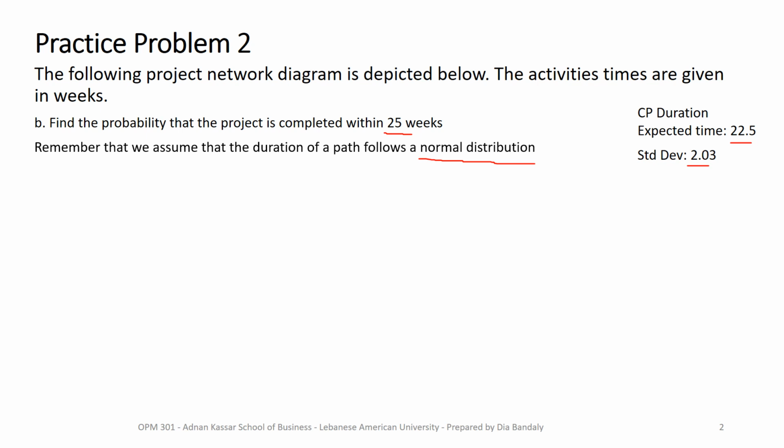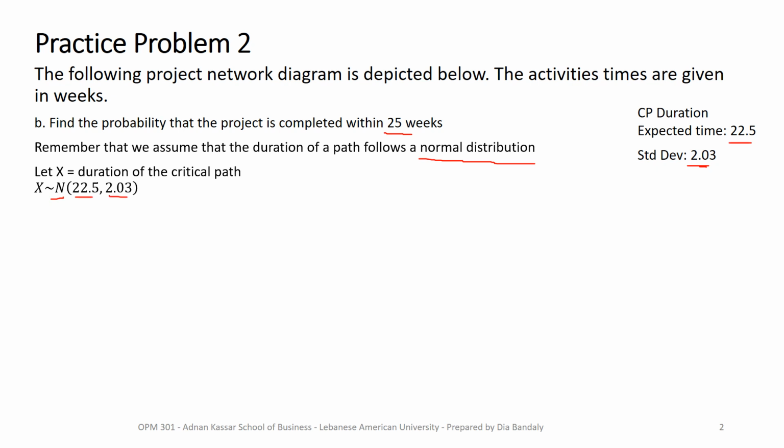Okay, so I will denote x to be the duration of this critical path, right? And so I know the expected value of x and I know its standard deviation. It has a normal distribution, so I can use that notation. Remember, it's normally distributed with a mean now of 22.5 and standard deviation of 2.03.